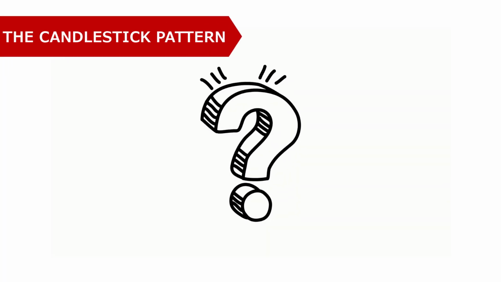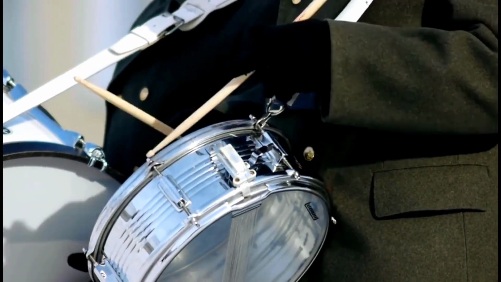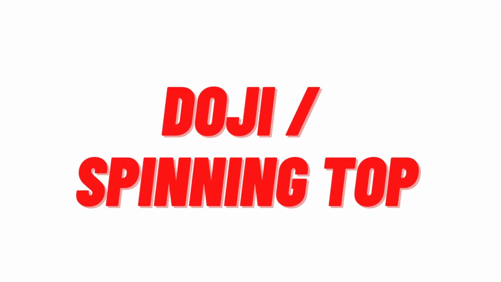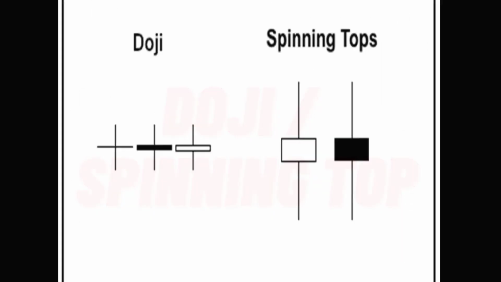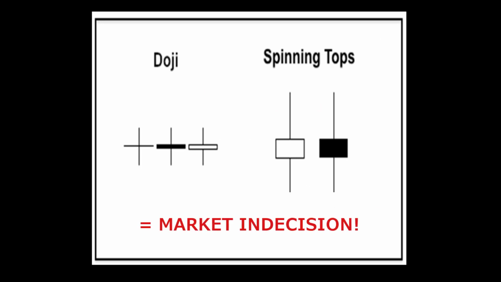So what is my favorite candlestick pattern? Well, it's not a combination of 7, 5, 3. It is just one, and that is the doji / spinning top. Now, what is that pattern all about? Well, that one candlestick is telling us that there's indecision in the marketplace, or whatever asset you're trading, whatever time frame you are trading.